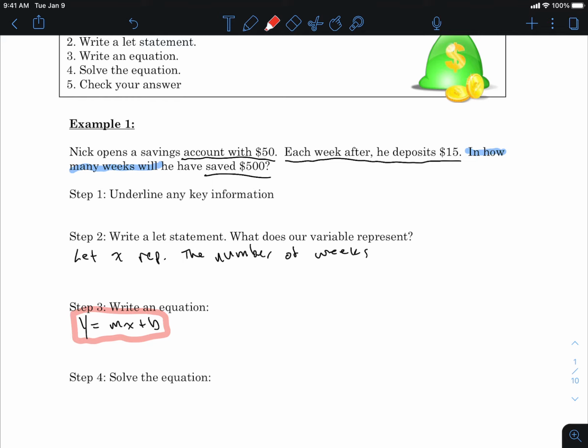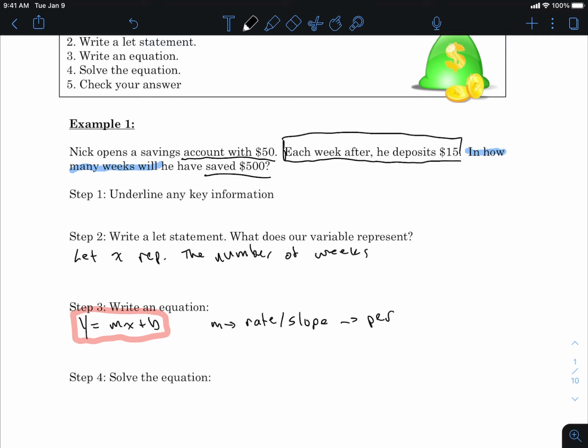If I know what each of these are, I know m is going to be a rate or slope, right? So if I see the word per, or how much of something happened per unit of time, for instance, I'm seeing each week he deposits $15, so it's a rate, right?